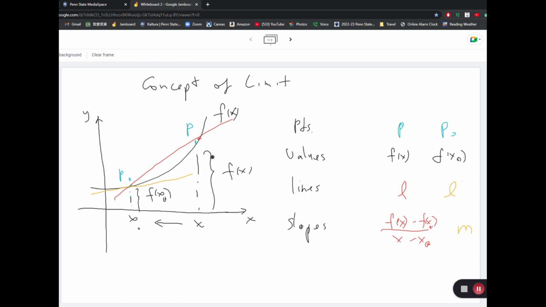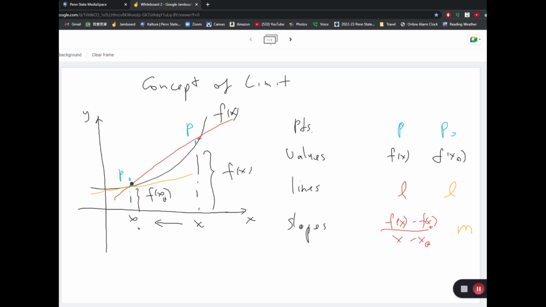Accordingly, we can see, first thing, the point at the location x on the graph will approach p0, right? As x approaches x0, the point will move along the graph toward p0.